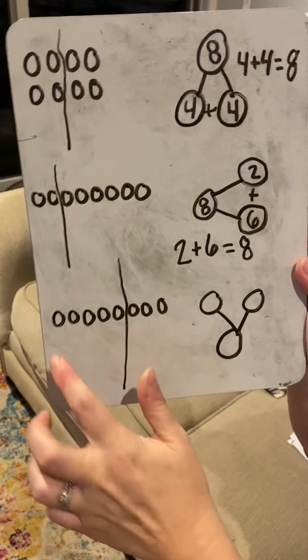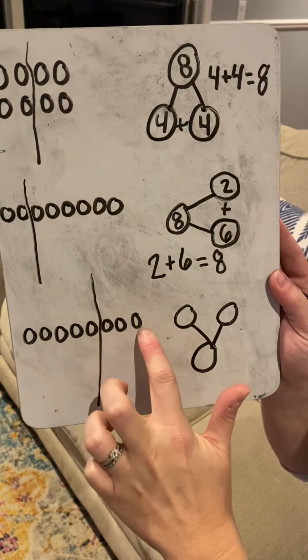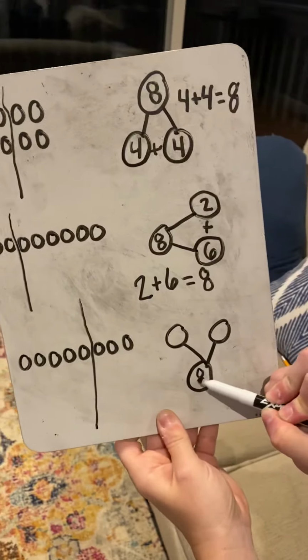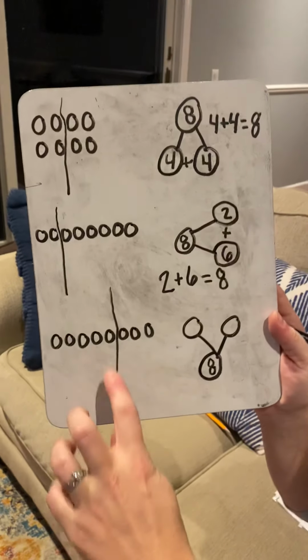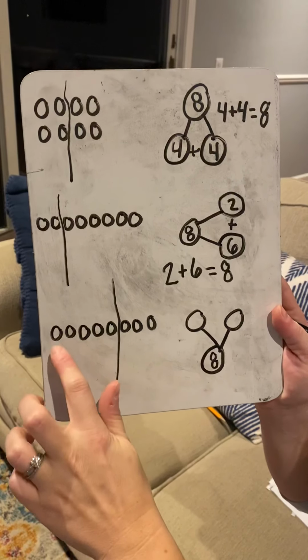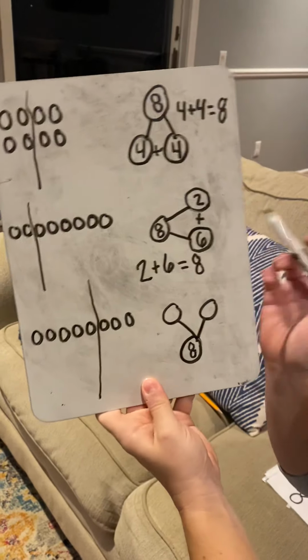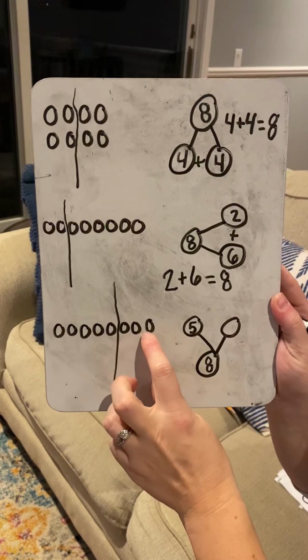Okay, I'm going to count my circles first, the total. 1, 2, 3, 4, 5, 6, 7, 8. Total is always going to be 8 today. Okay, now I'm going to come up with my 2 parts. I'm going to count the circles on this side of the line. 1, 2, 3, 4, 5. Now on this side of the line, 1, 2, 3.